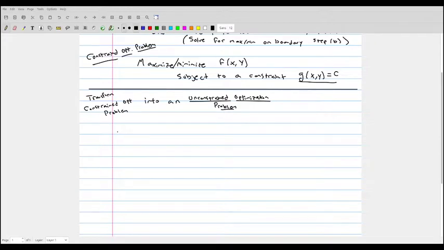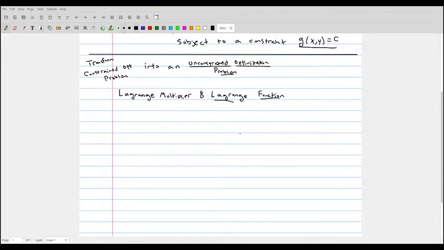And we do that by introducing what's called a Lagrange multiplier, which is a new variable, and a new function that we call the Lagrange function. These are the two big new introductions that we have to make.